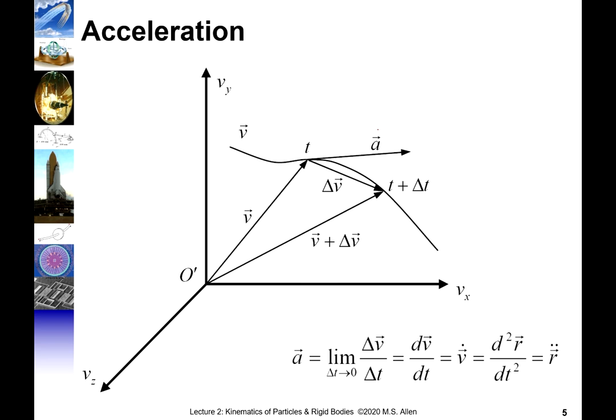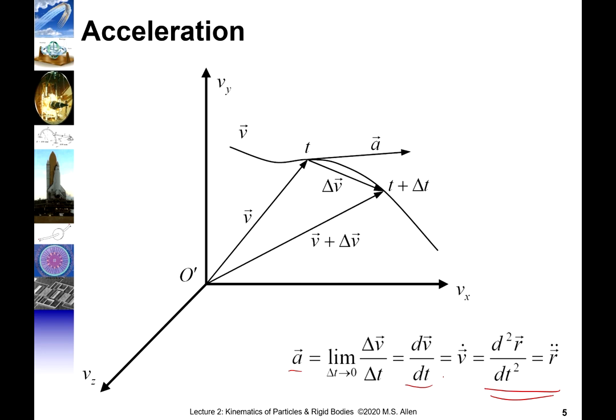We usually can't see a velocity curve the way we can see a road, a position curve, a road that a car follows. So this doesn't end up being as useful, but it is still definitely true that the acceleration is the second derivative of position, or the derivative of velocity with time.